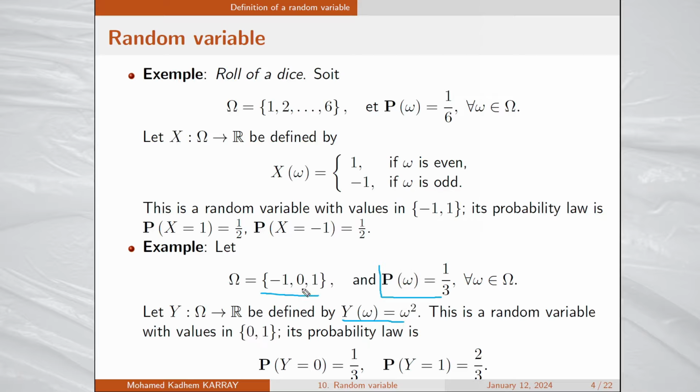So 0 corresponds to the value omega = 0 and 1 corresponds to these two values of omega. The probability law of this random variable will be: the probability of Y = 0, which corresponds to this value of omega, is 1/3, and the probability of Y = 1, which corresponds to these two values of omega, will be 2/3. So this is the law of the random variable Y.